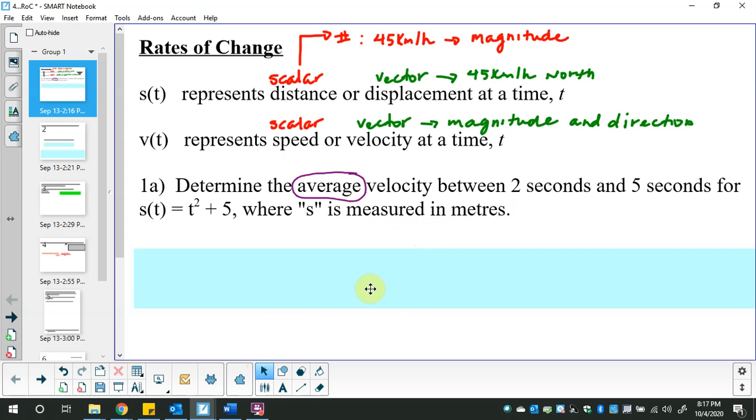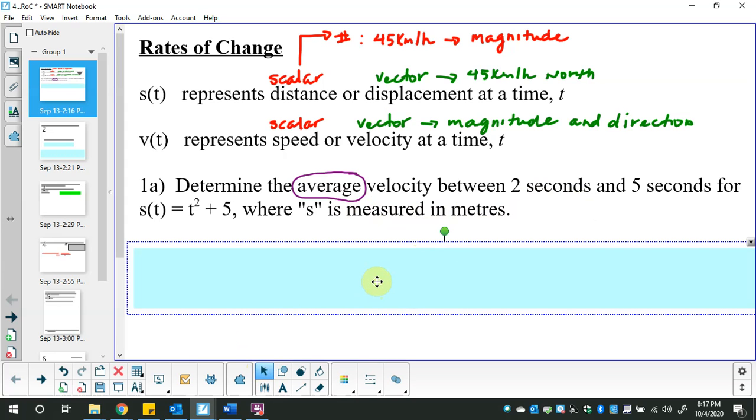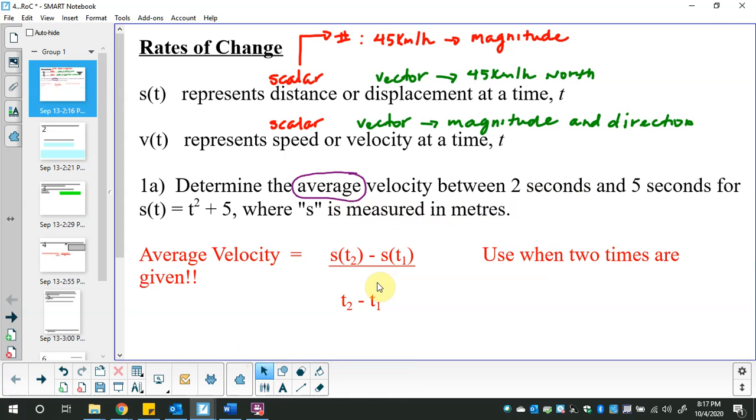So now let's talk about an average velocity formula. The average velocity formula looks like this, and it's given when you're given 2 times. And I have no idea why there's that little space, but you should sort of recognize this.